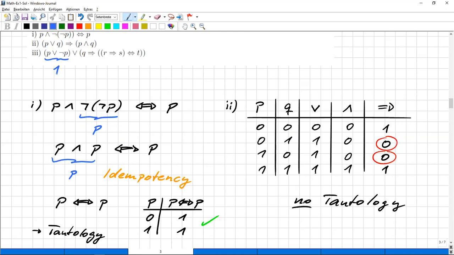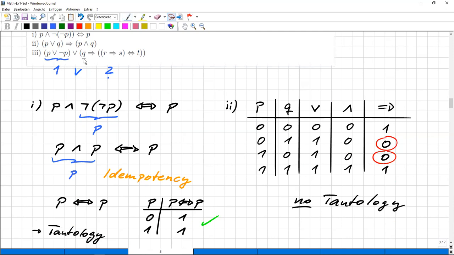And that's important, because what comes next is now something complicated. So I just take a question mark here, because I wouldn't immediately know what the truth value is of this. Look at this.